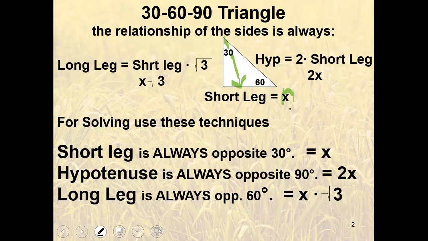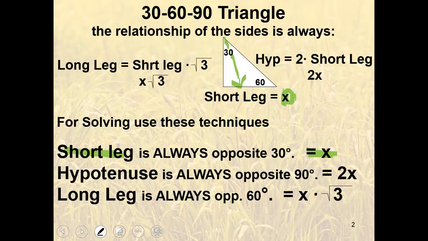Let that one be x. Then your other two side lengths have x in them. So once you know x, then you can calculate the other two. Not to worry, you can get to all three of them by just knowing one, but let's just start with the x here. Short leg, let it equal x.